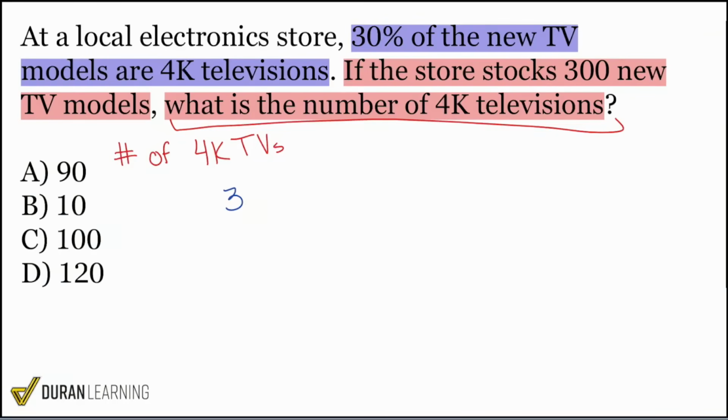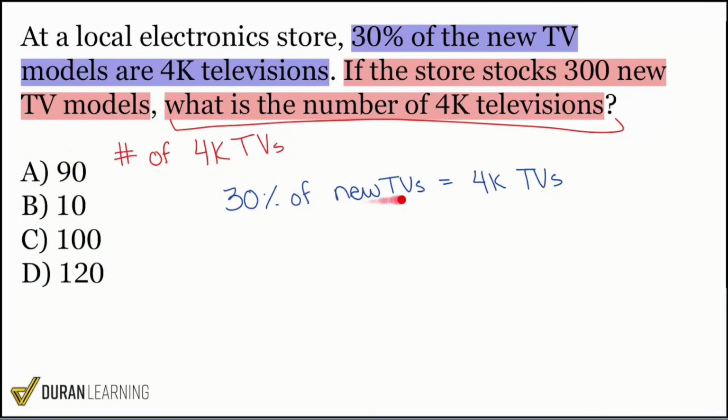So 30% of the new TVs are, so equal, 4K TVs. So 30% of the new TVs are 4K TVs. So with that, let's replace the numbers that we have. It says right here, the store stocks 300 new TVs.